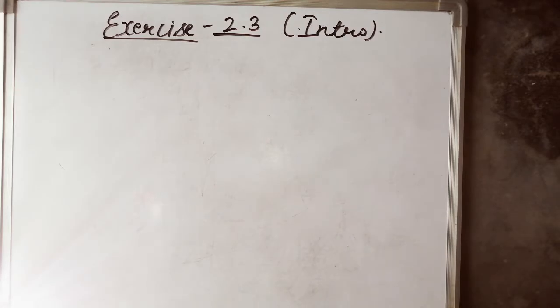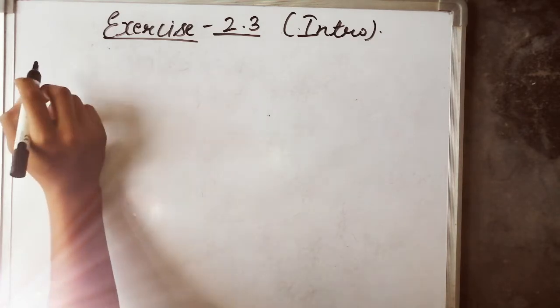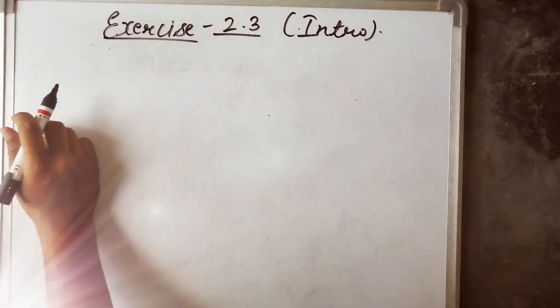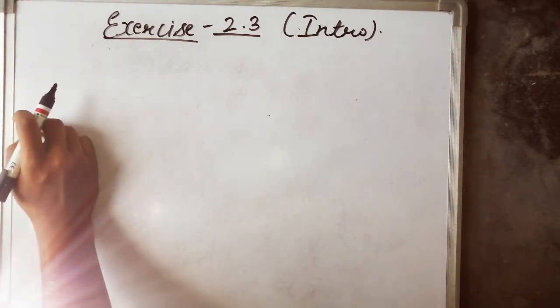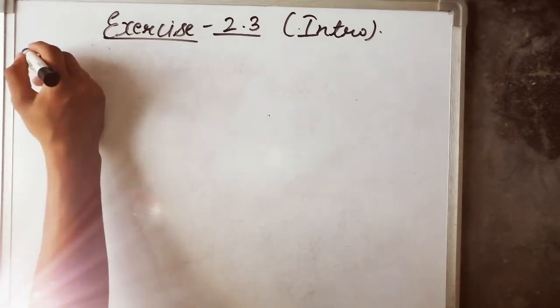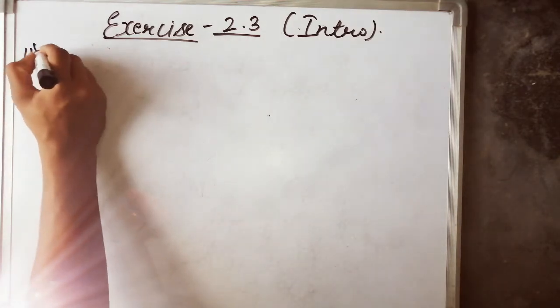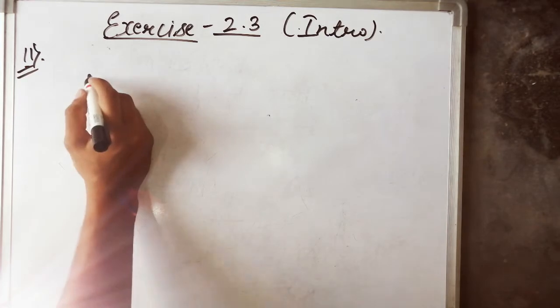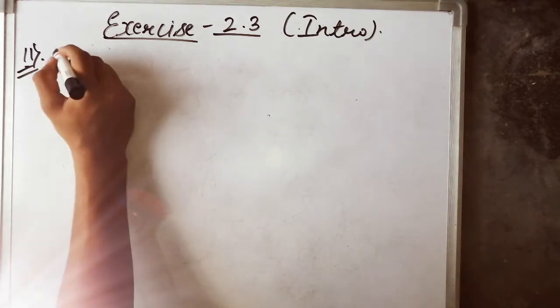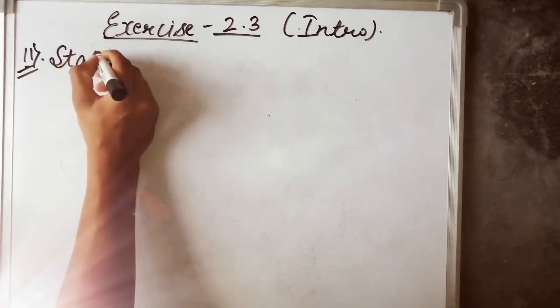So students, the 11th example is: examine each of the following relations given below and state in each case, giving reasons, whether it is a function or not. State whether function or not.